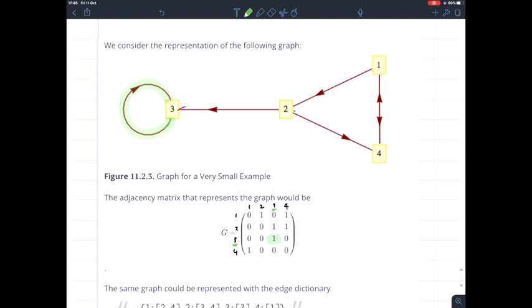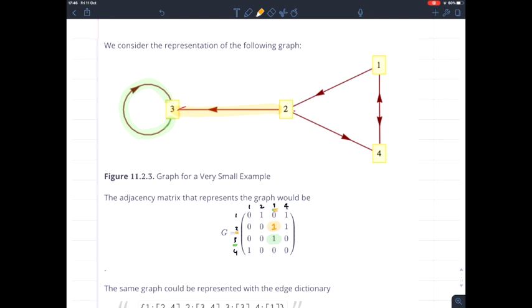And now if we have a look at the edge from 2 to 3, then we need to have an edge that goes from 2 to 3, and we have indeed got a 1 in that position over there.